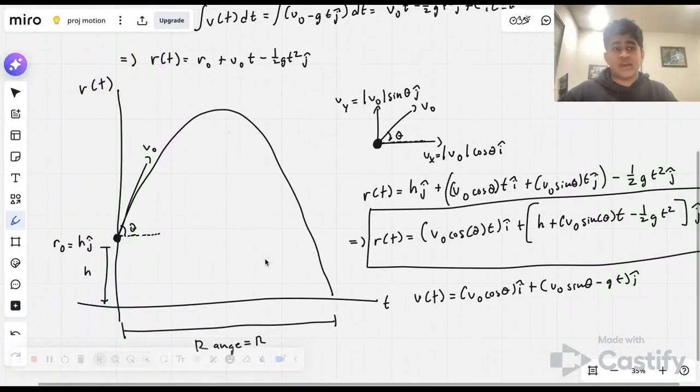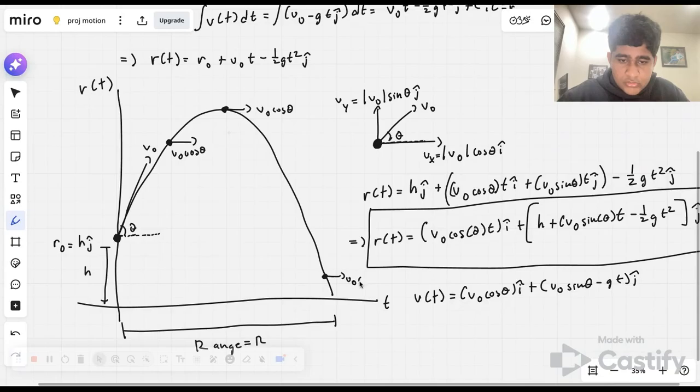What this tells us is that the velocity vector, basically as the projectile moves along the path, is the same at every point in the x direction. Even here, we'll see that this is going to be v naught cosine theta. And even just before we're about to hit the ground, we'll see v naught cosine theta.